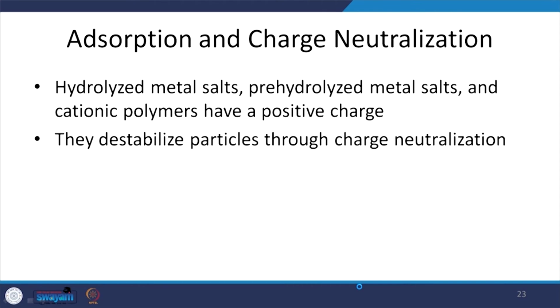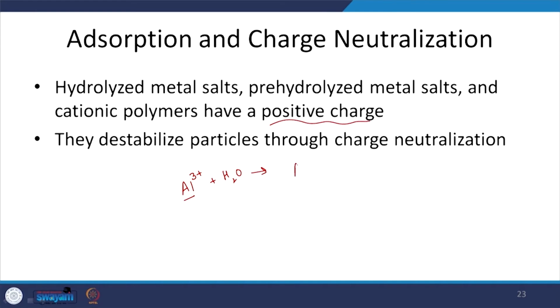So adsorption and charge neutralization, let's look at the factors at play when we are trying to bring about coagulation. When we say hydrolyzed metal salts, what is it we are saying? Al3+ is what I am adding, and I am adding it to water. So the metal salt is going to hydrolyze. Pre-hydrolyzed metal salts and cationic polymers have a positive charge.